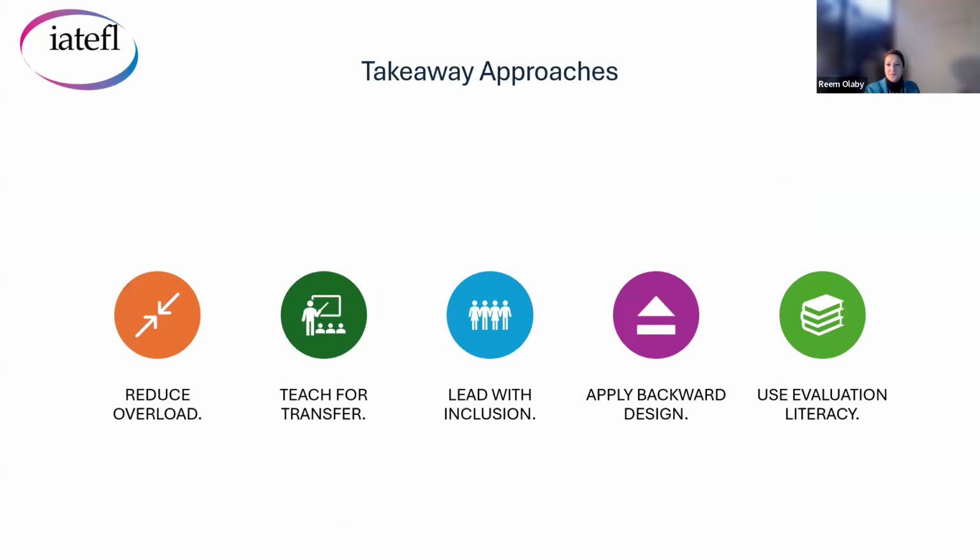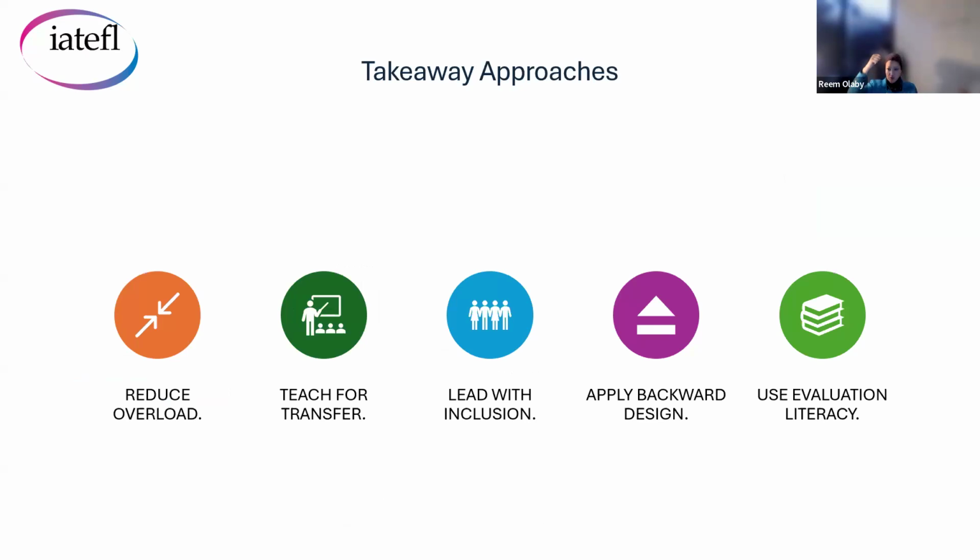Great. So now that we have seen what these ideas look like in action, let's wrap up and bring everything back to 5 practical takeaways that you can apply in your own context. These 5 approaches will hopefully help your classrooms and programs with cognitive equity in mind.